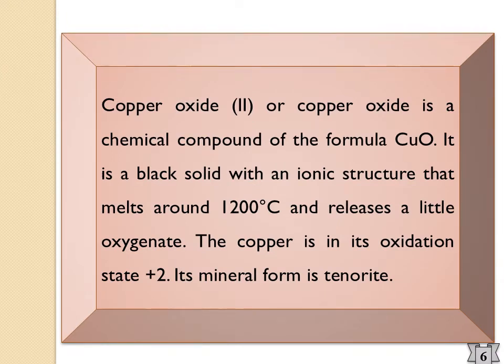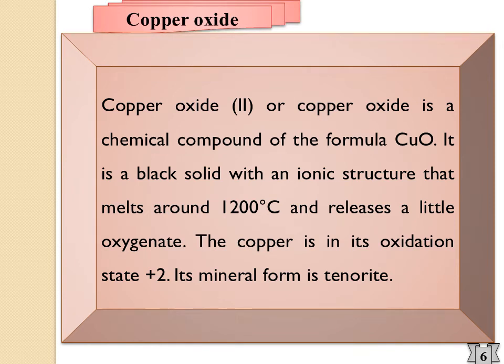Copper oxide, or cupric oxide, is a chemical compound of the formula CuO. It is a black solid with an ionic structure that melts around 1200 Celsius and releases a little oxygen. The copper is in its oxidation state plus 2 in its mineral form.